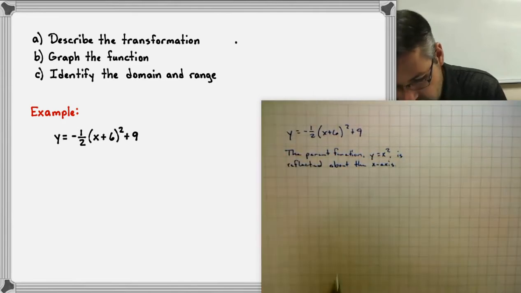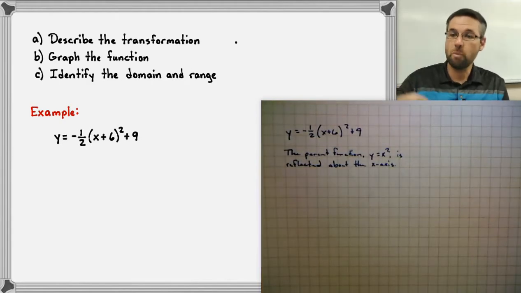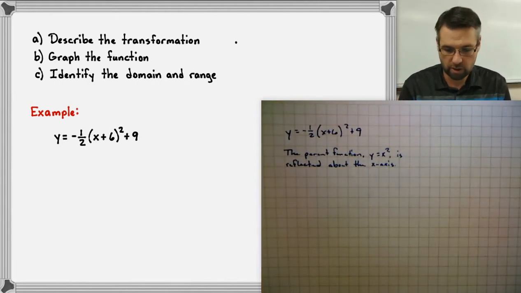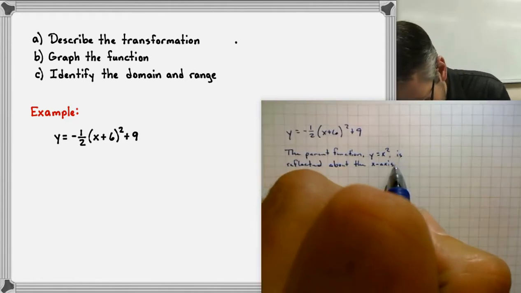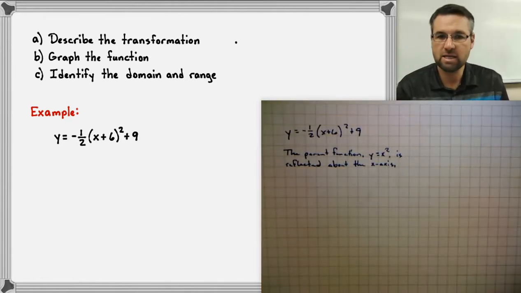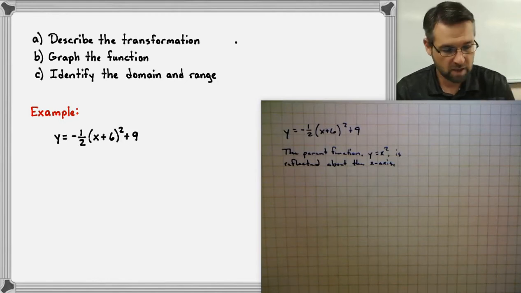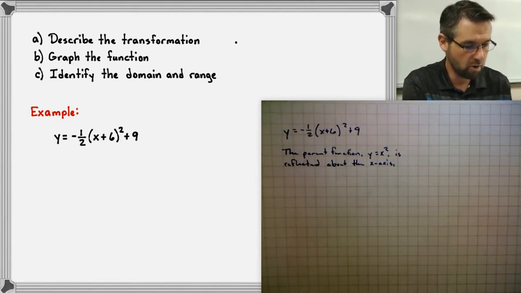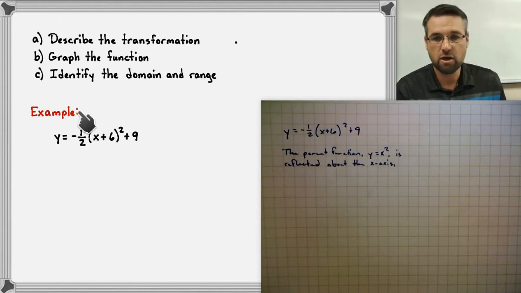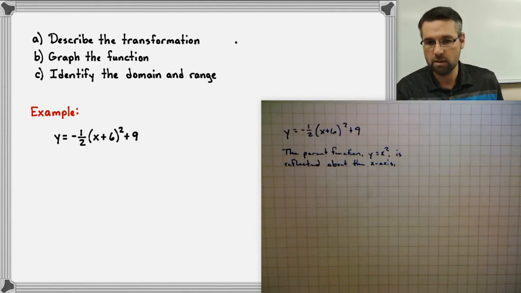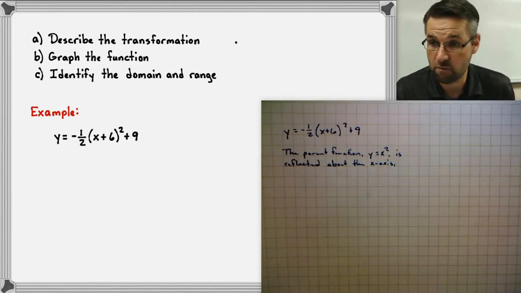Okay, so that basically tells me that the parabola is going to open downward instead of upward. So that's the first thing we look for. I'll put a comma there because there's more to it. The next thing we look for is a vertical stretch or shrink. Since we see in this particular problem that the a value is between 0 and 1, we would say that there's a vertical shrink.